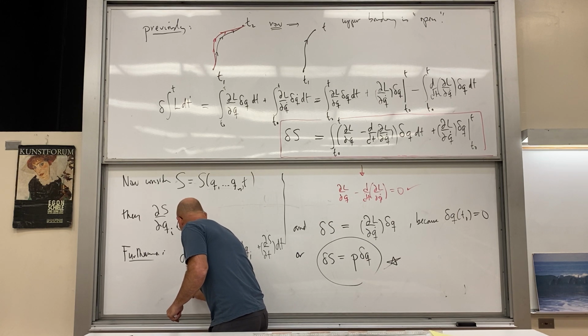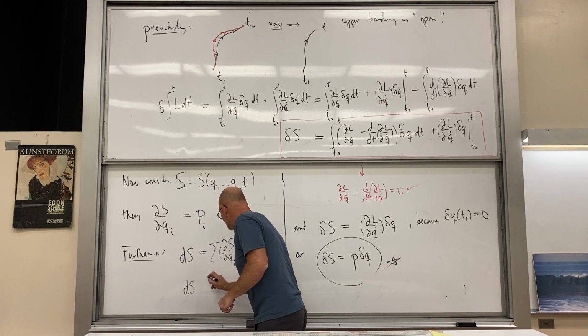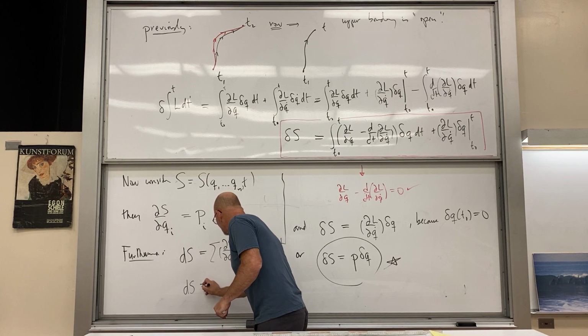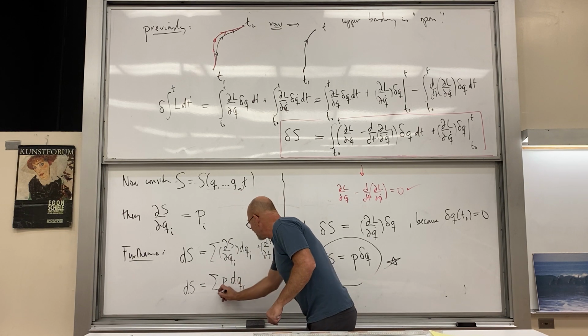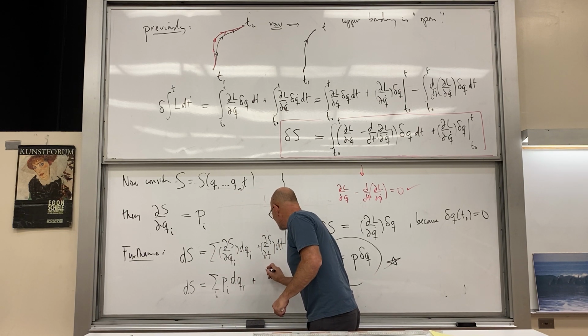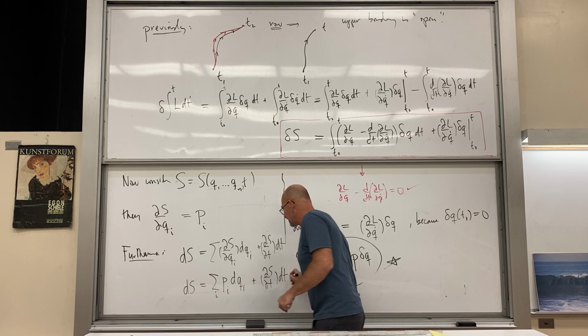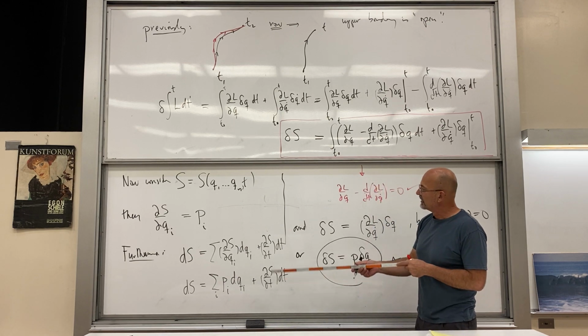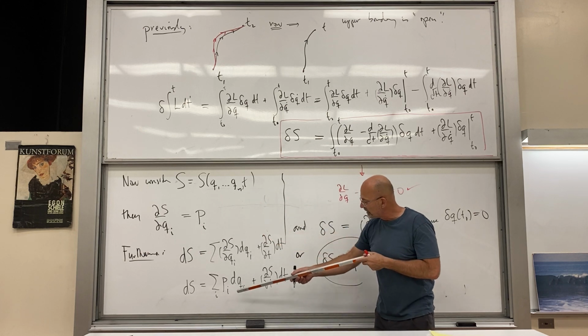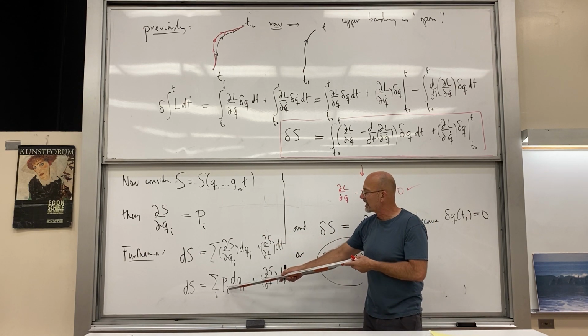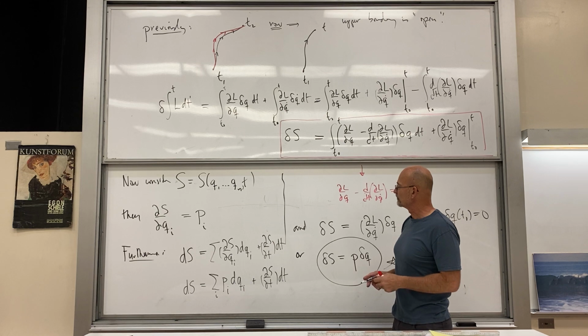So dS equals the sum over pi dqi, and then outside of the summation we've got ∂S/∂t dt. So again, you can see I'm getting the same thing. If I now take the partial of S with respect to any particular qi, I get the corresponding pi there.